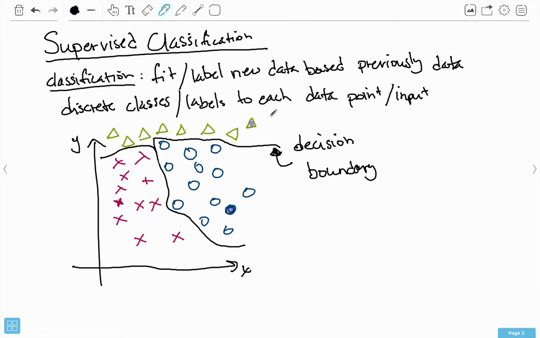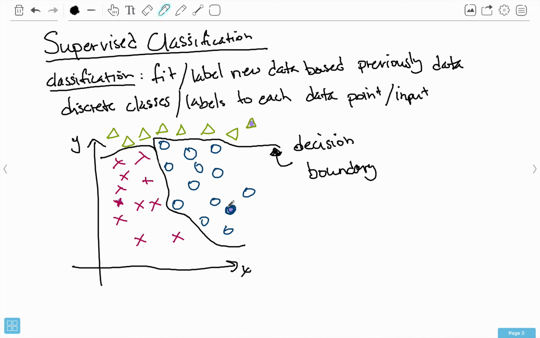Because we can take any sort of input data and find some way to put it on a plane like this, and then just find what the decision boundary is, and then we can plot this. And so with a lot of classification algorithms, they're all concerned with finding this boundary, because once you have this boundary, then if you get a new point, it's fairly easy to classify.